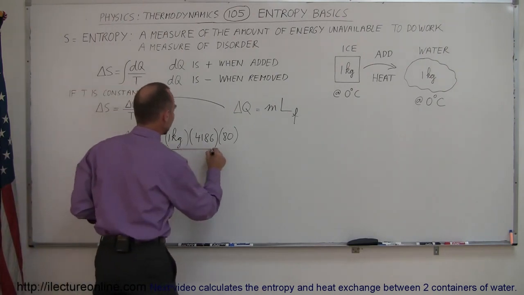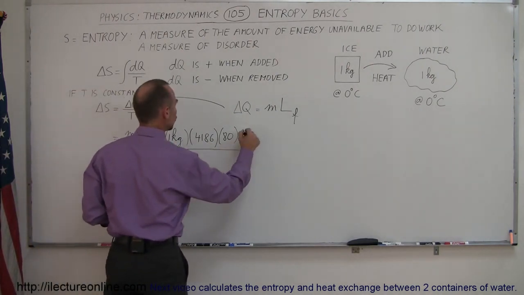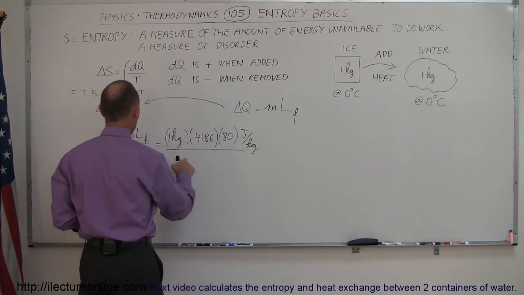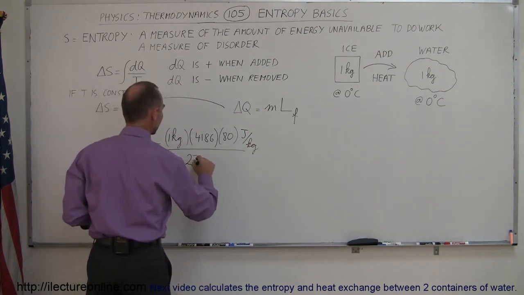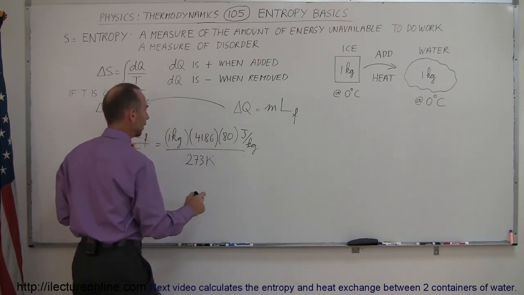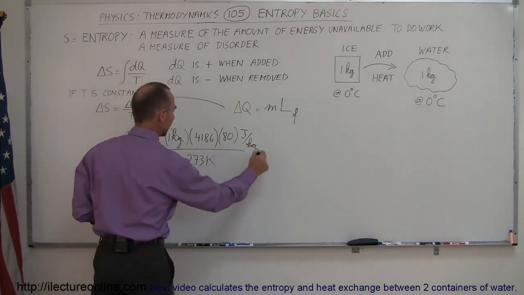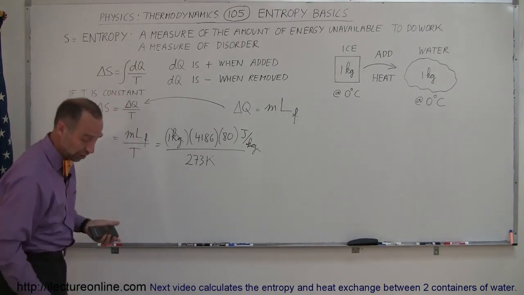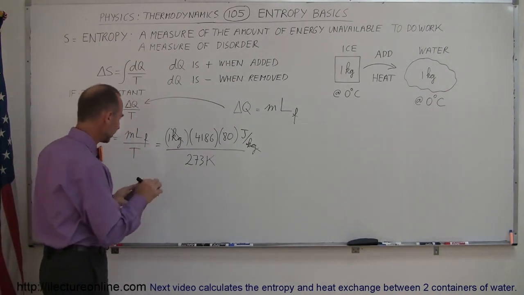And of course that would be joules per kilogram. And then we have to divide that by the temperature, which is 273 Kelvin. Now notice that the kilogram cancels out, and we're left with joules per Kelvin, and those are indeed the units for change in entropy.